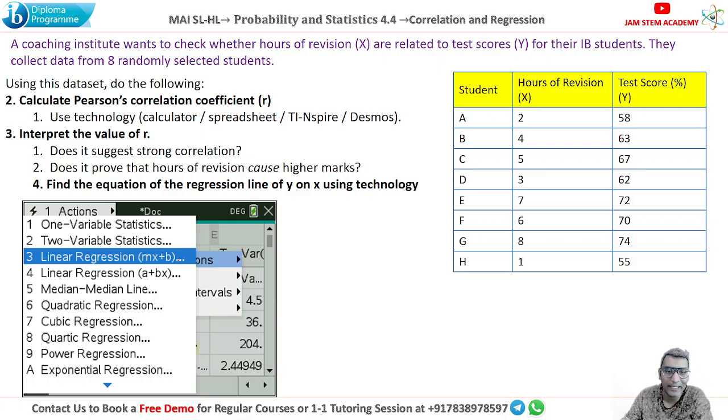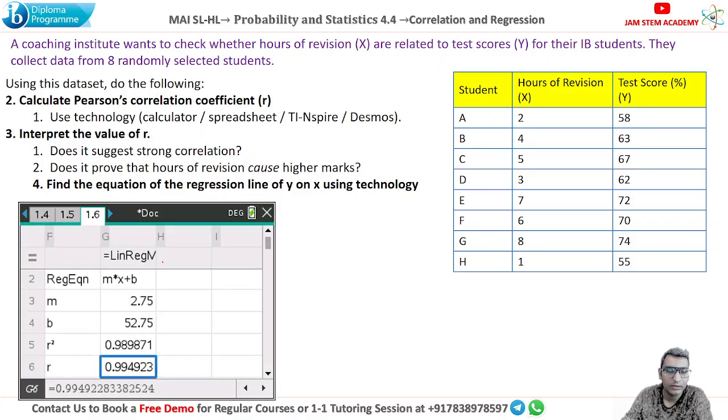I'm using the mx plus b type. When I hit enter, it will ask for x values and y values. You can select x and y as your columns. It will give you the linear regression equation like this.